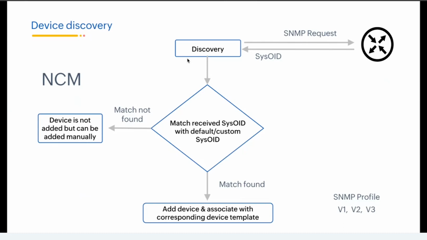Then the discovery engine will match this received sysobject ID with the default or custom sysobject ID available. If a match is found, the device will be added automatically, and the corresponding device template will also be associated. If no match is found, that particular device needs to be added manually, and you can manually add the device template as well. The SNMP profiles we support include version 1, version 2, as well as version 3.